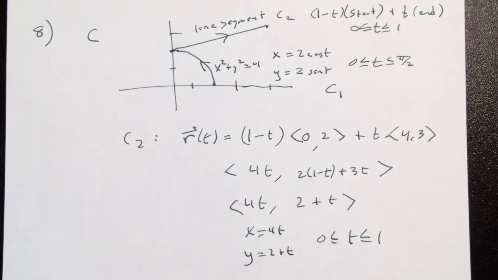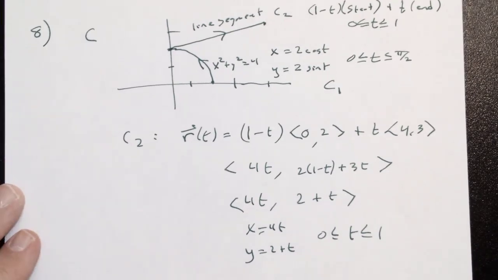And now you have parametric equations for the first part of your integral, and parametric equations for the second part. I'm going to do the same thing we just did in the other integral: the integral of x squared dx plus y squared dy.